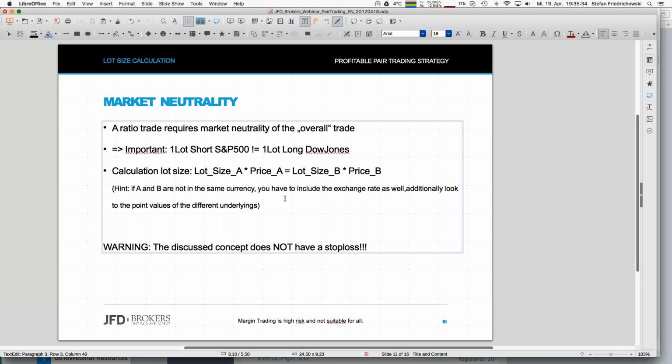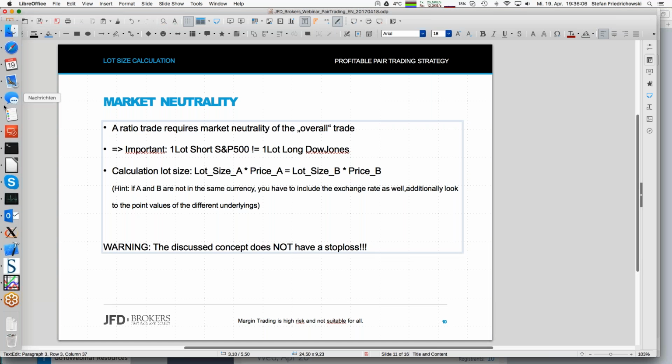For that kind of trading activity, you need another concept for stop loss setting. It's not a stop loss for the trade on a single symbol. You need a stop loss on that pair trade. So if the two prices differ even more, then your combined trade goes into the minus, and what we need is a stop loss on that combined trade.